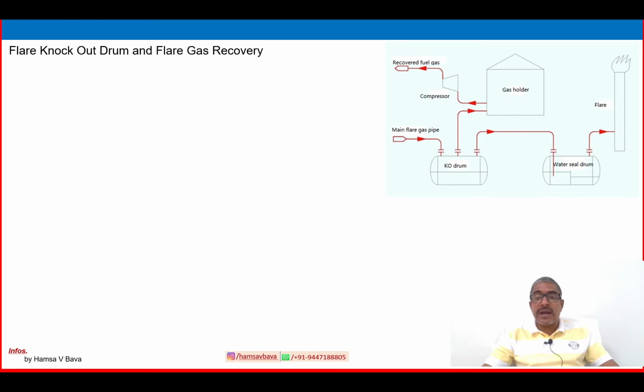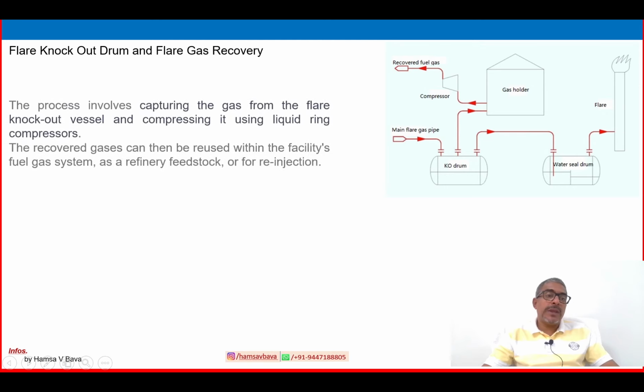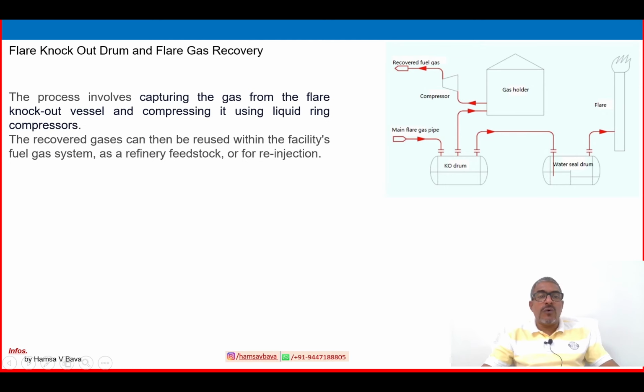All companies are developing new ways to save more and more flaring gases and recover them, and the concept of zero flaring is being introduced into the process industry. The process involves capturing the gas from the flare knockout vessel and compressing it using a liquid ring compressor.